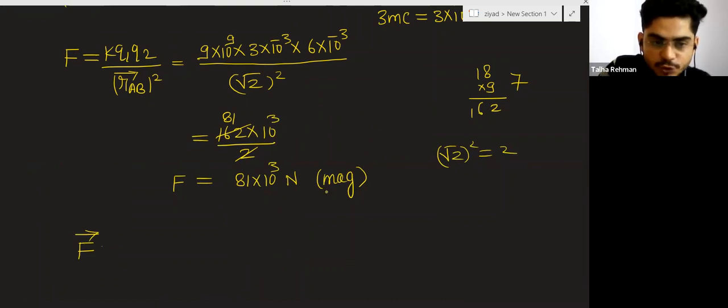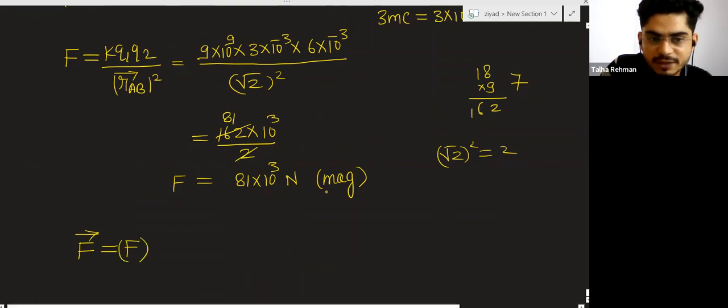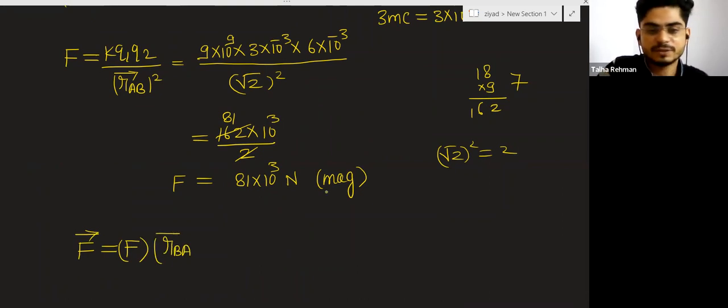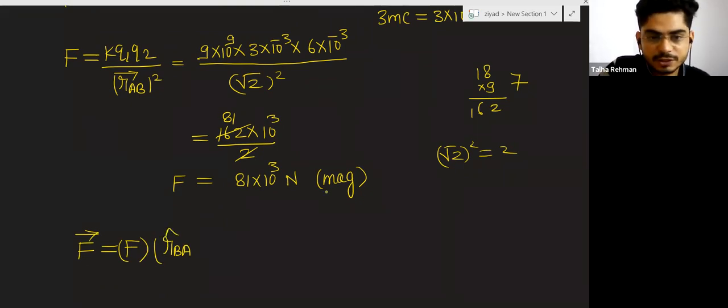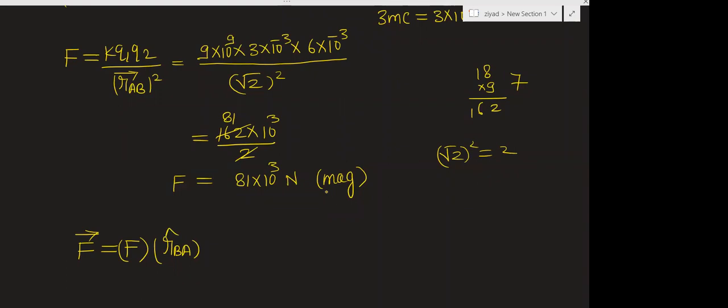So I have told you, for writing any vector, first you will write the magnitude of that vector, and the unit vector in the direction of that vector, RBA.